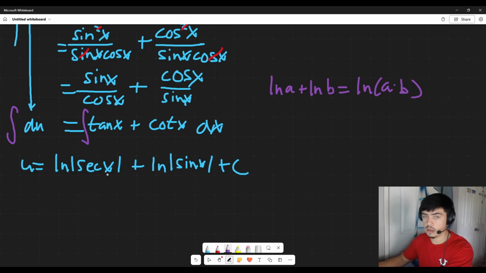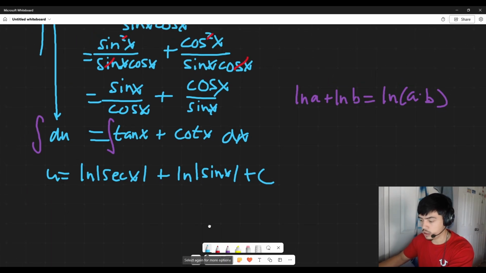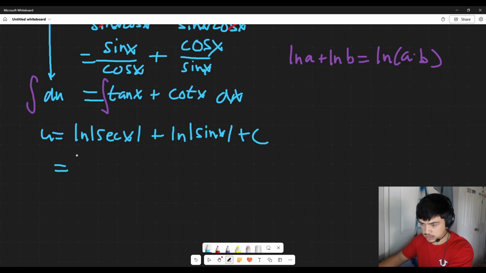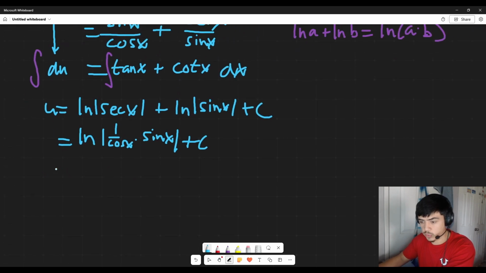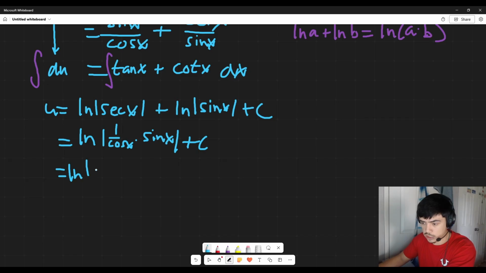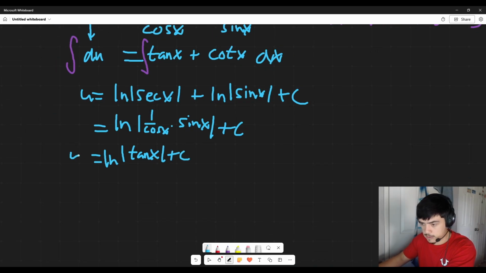We have a natural log of something plus another natural log of another thing, meaning we can go ahead and just write this as natural log of secant, which remember secant is 1 over cosine, times sine x plus c. And remember, sine x over cosine x, like we've already done so many times, is just natural log tangent x plus c. And that's our u.